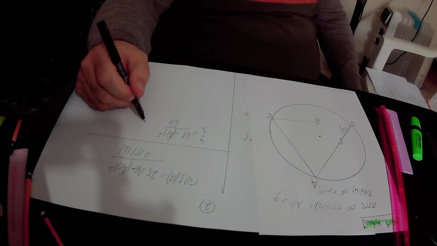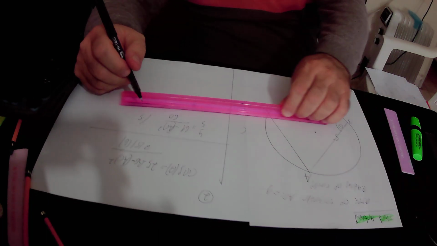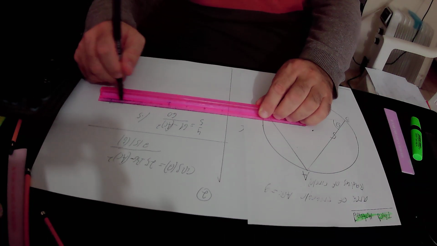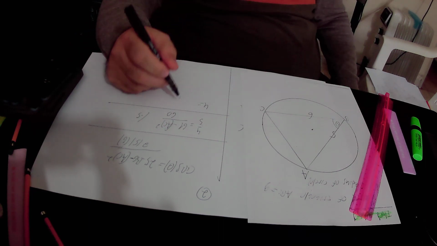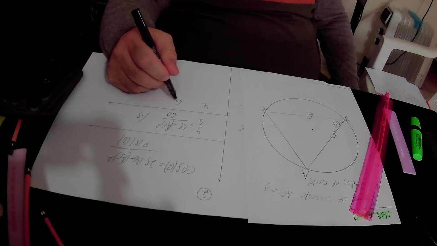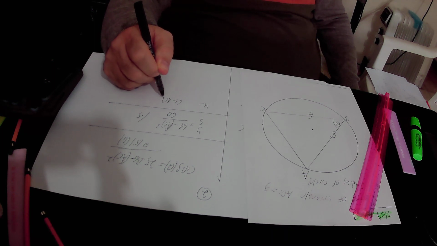Here we will multiply this equation by 5, and we'll get that 4/5 times 5 is 4, equals 61 minus AC squared.